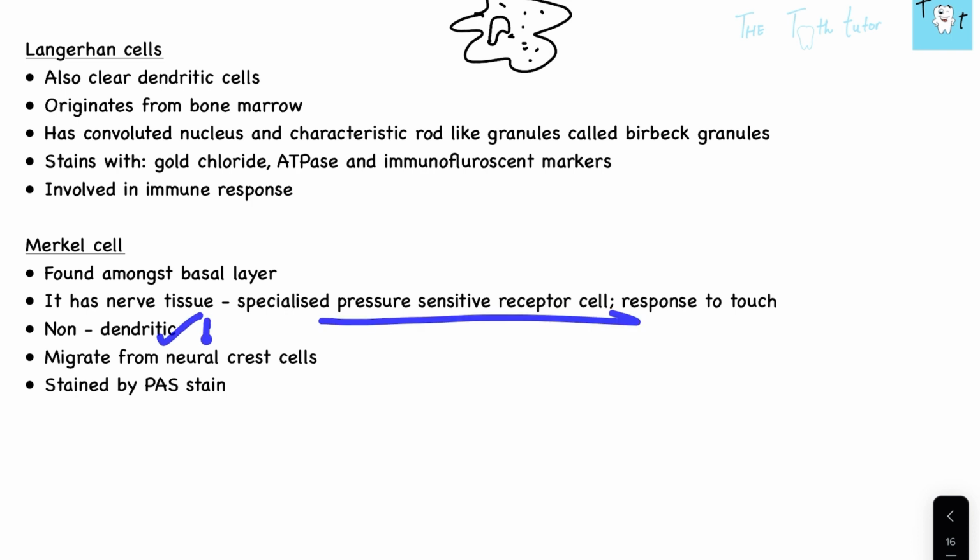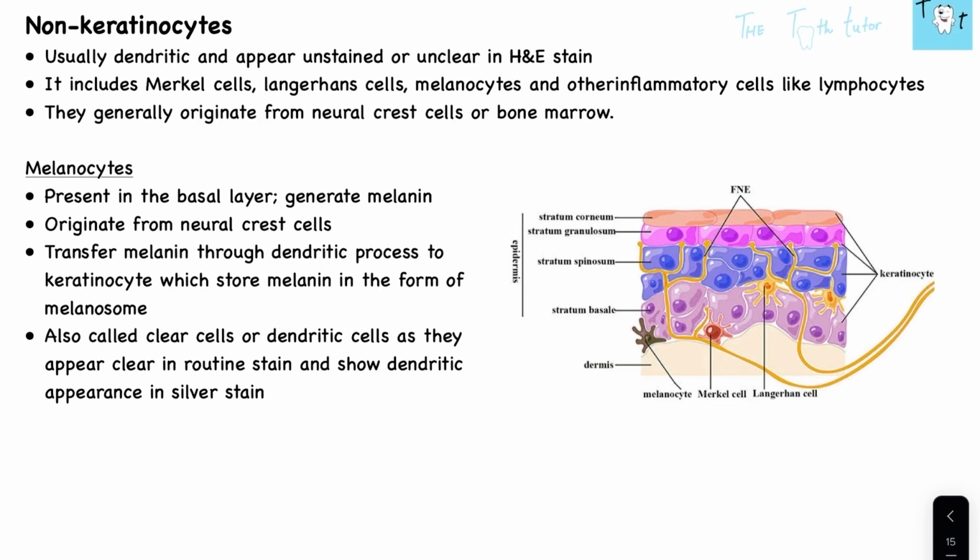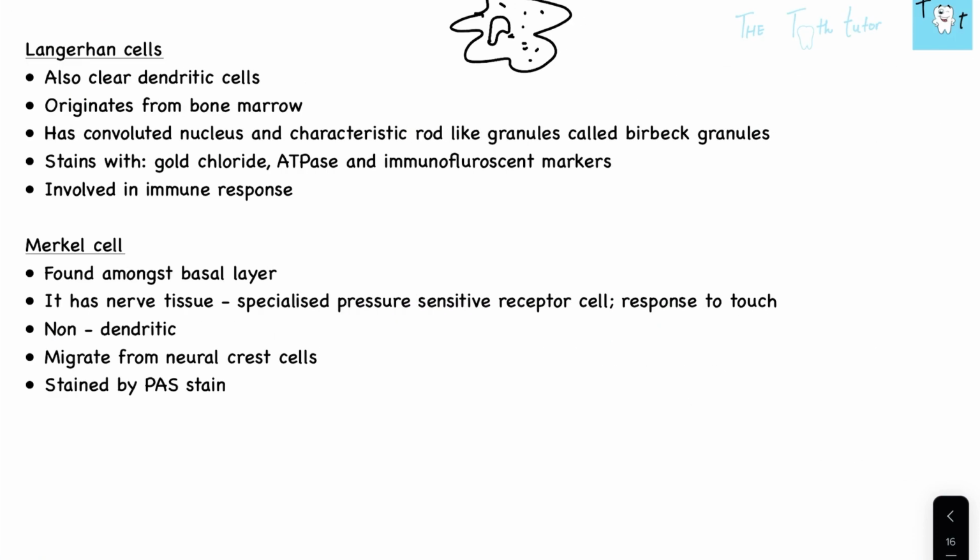These are non-dendritic, so very important to remember, because all non-keratinocytes are dendritic other than Merkel cells. So these are non-dendritic. They also originate from neural crest cells, like the melanocytes, and they are stained by PAS stain. Okay.